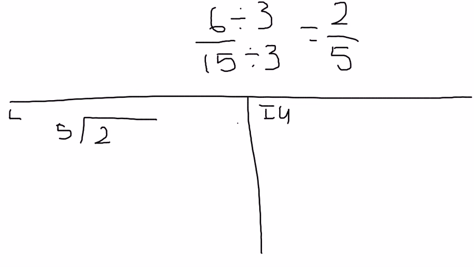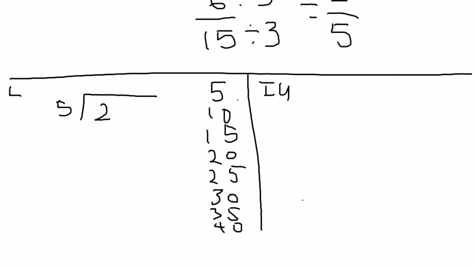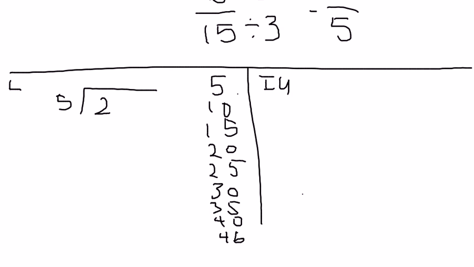Very easy. 5, 10, 15, 20, 25, 30, 35, 40, and 45. So let's take a look at 2. Can 2 be divided by 5? No. So 2 cannot be divided by 5. So put in a 0 on top.